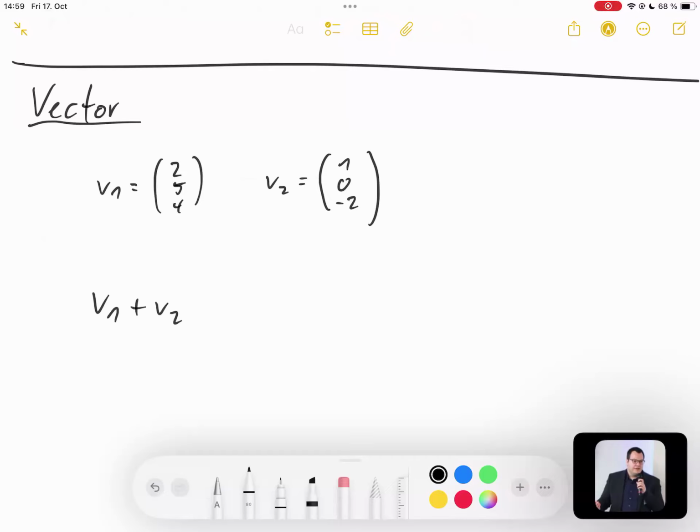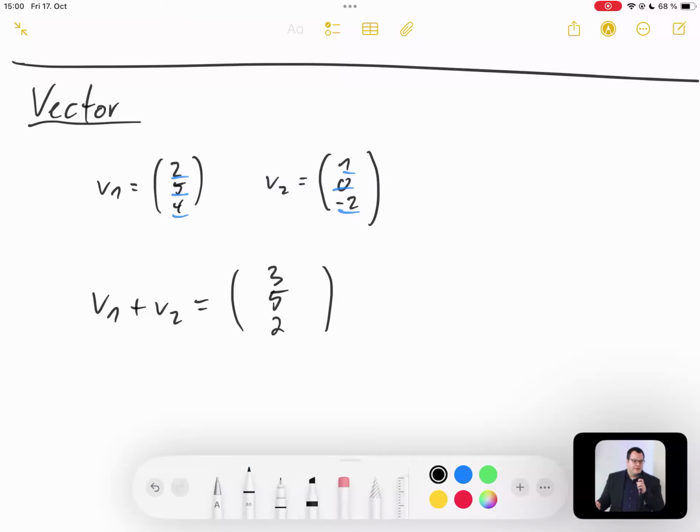If you have a solution, send it to the chat. What we do is these vectors need to have the same number of elements, and we just sum them up element-wise. So this is 2 plus 1 is 3, 5 plus 0 is 5, and 4 minus 2 is 2. So fairly easy.